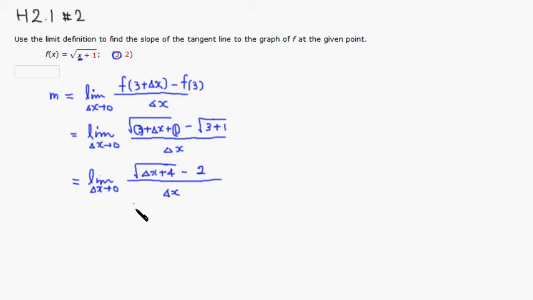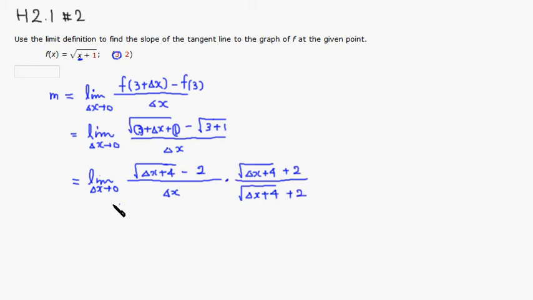So remember the trick: when you have a square root like that, we're going to multiply top and bottom by almost the same thing as the numerator except for the sign. So you have the square root of delta x plus 4 plus 2, right? Then you put exactly the same thing on the bottom. So the square root of delta x plus 4 and a plus 2.